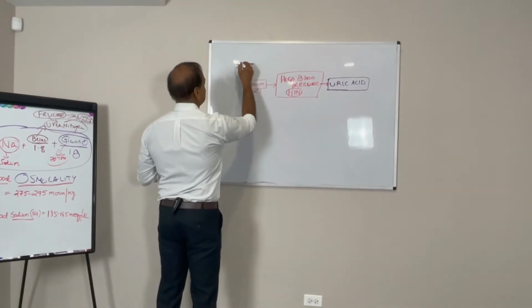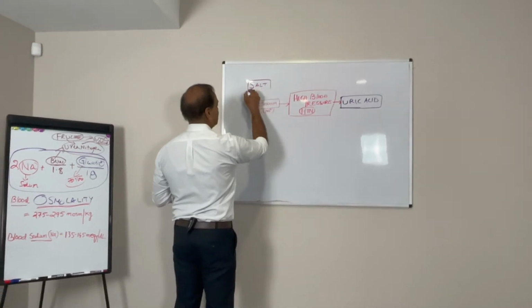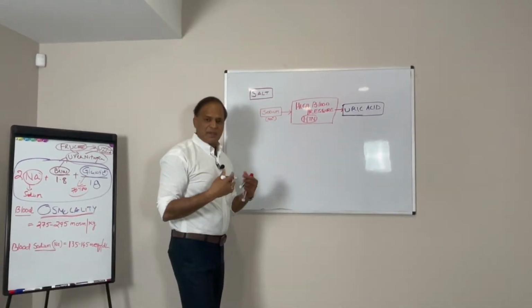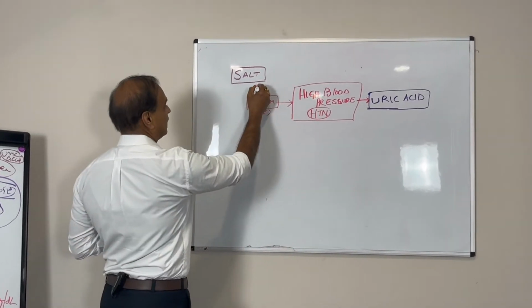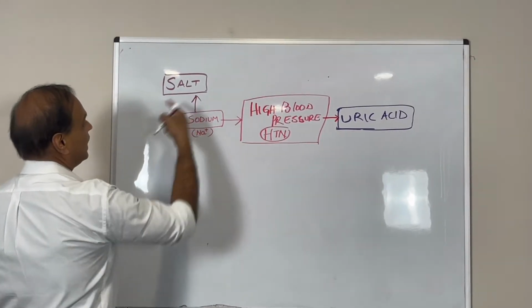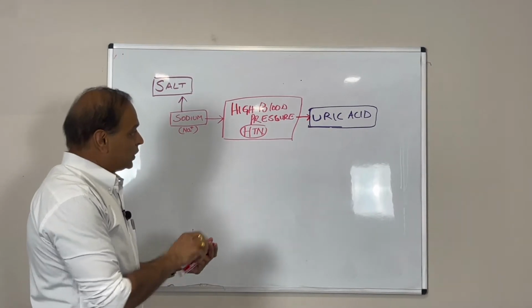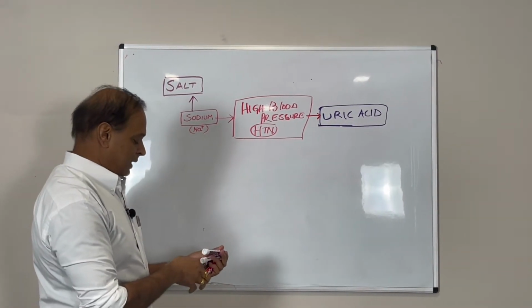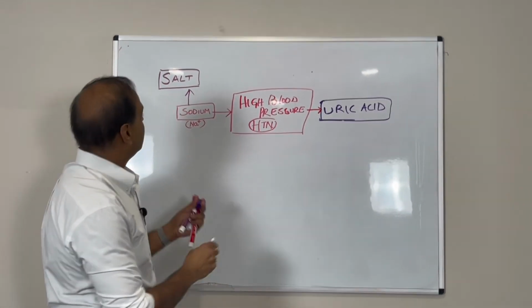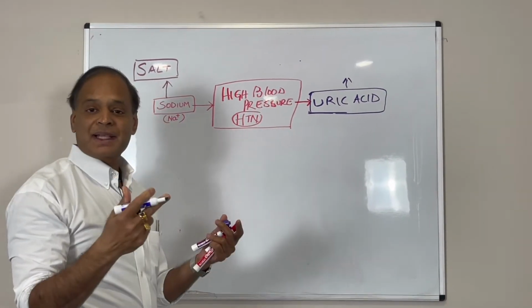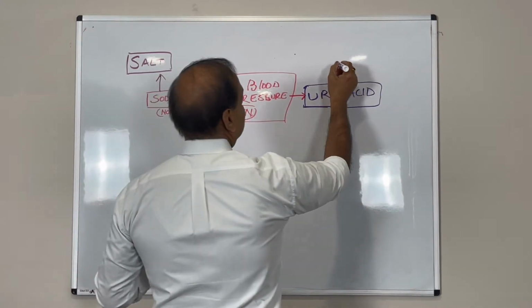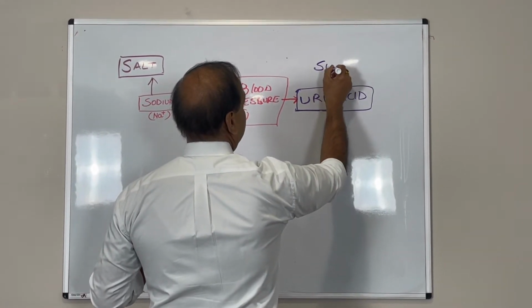There are many salts, like magnesium, and there are many salts in the body, but sodium is one of the important salts that is connected to blood pressure. And uric acid is connected to many talks we did in the past, which is sugar.